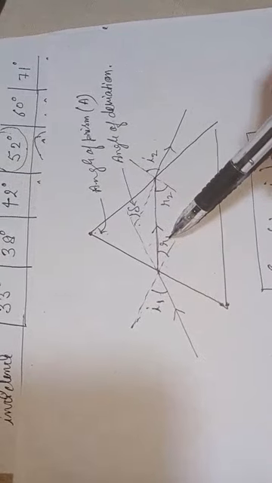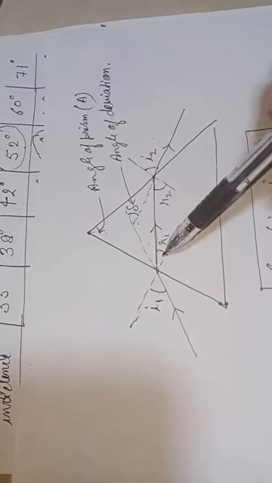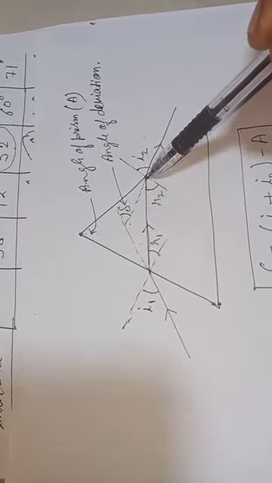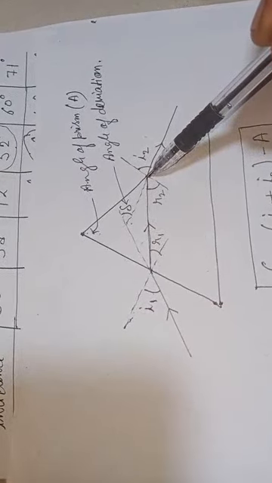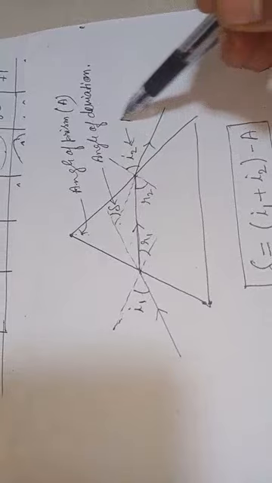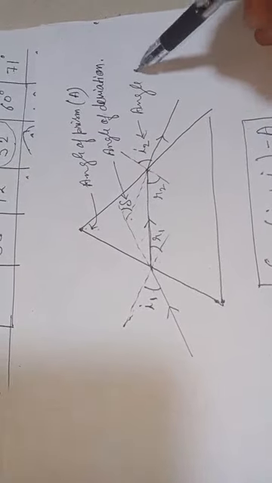This angle is known as the angle of refraction at the first surface. After this refraction, the light ray will bend away from the normal, and this angle is known as the angle of emergence.